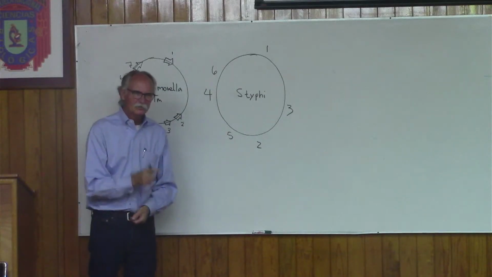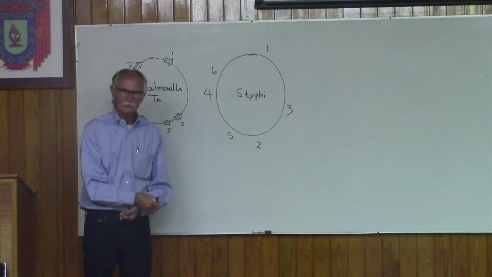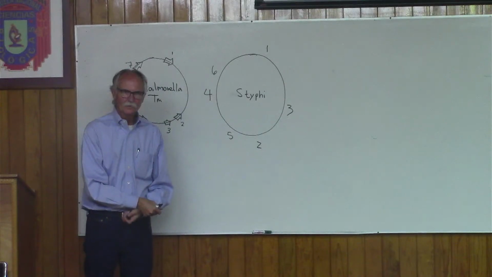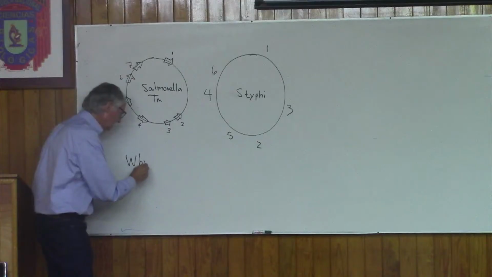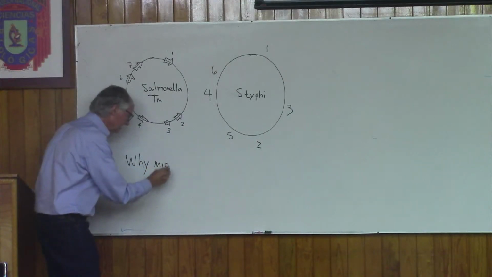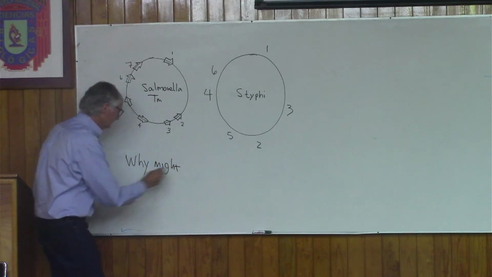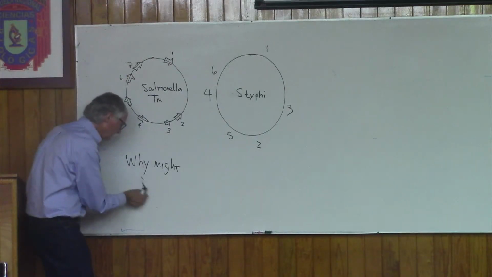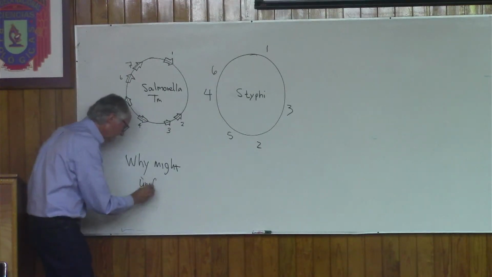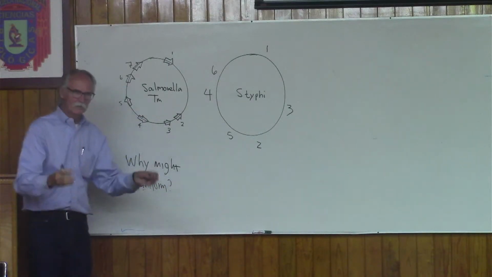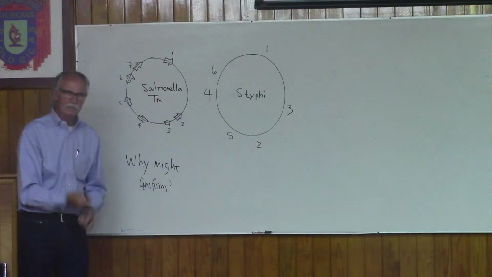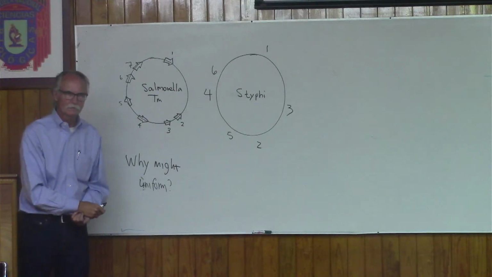Two homework questions I want you to think about for next time. One, why might this be uniform? When there's this much region that can undergo recombination, how come we're not seeing this?